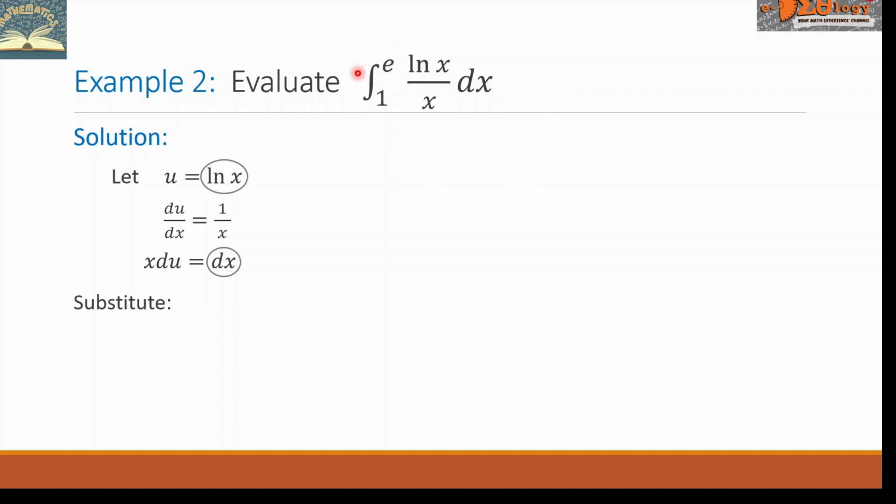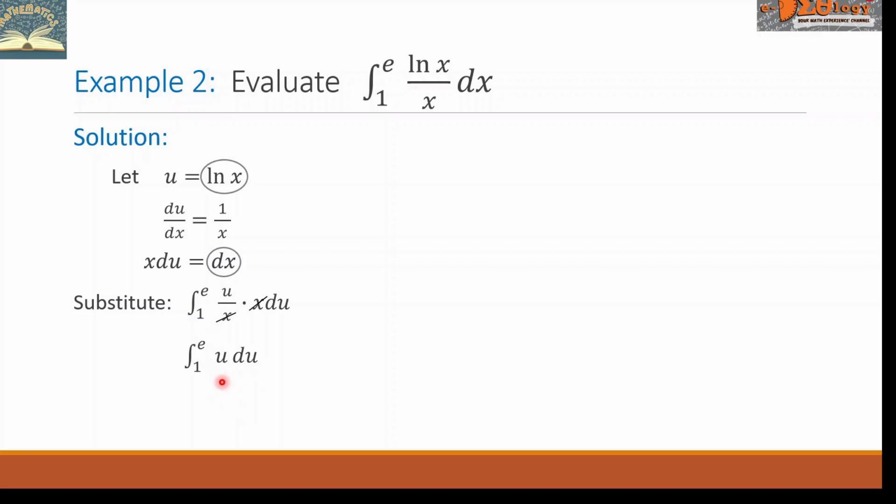We need the values of ln x and dx for our substitution. And we rewrite this integral now like this. The ln x we change into u, and the dx we replace by x du. We can now simplify by cancelling the x and x respectively. So our integral is simplified into the integral from 1 to e of u du.